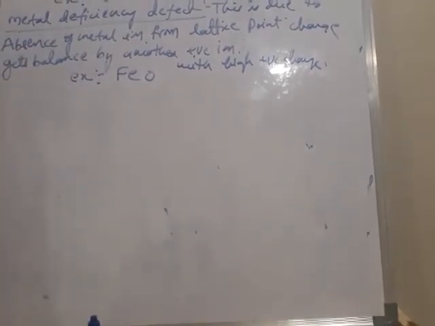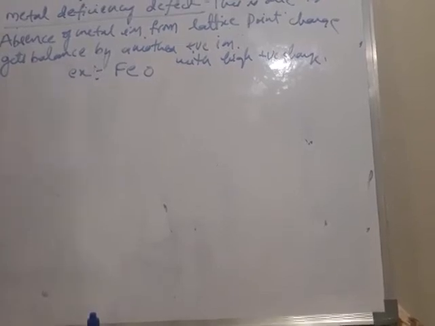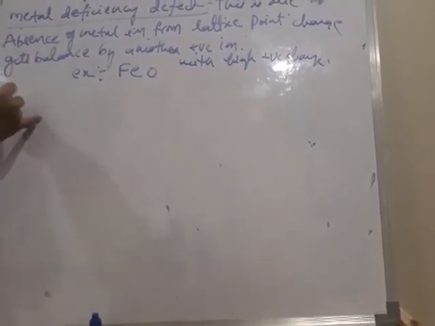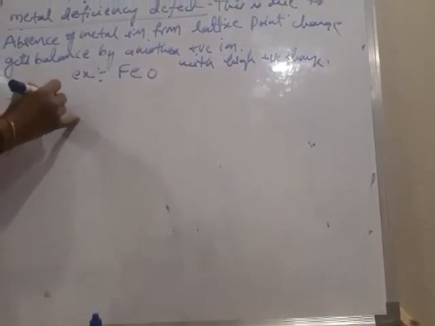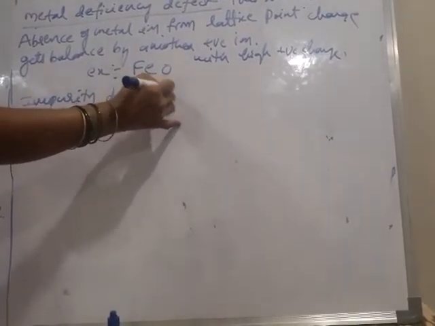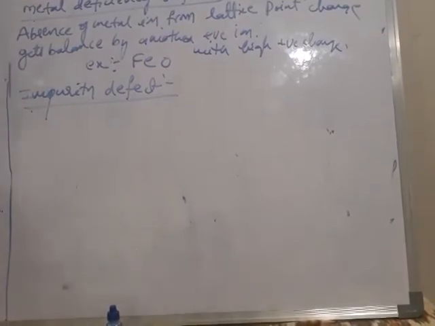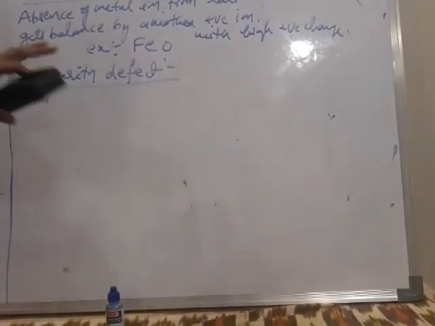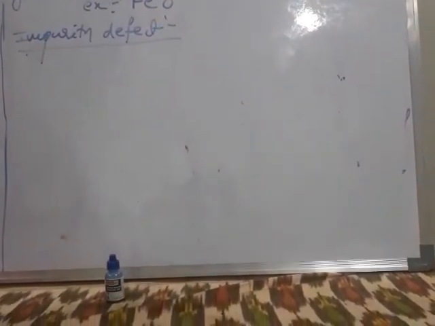Next, the last one, impurity defect. Impurity defect arises due to the addition of impurity to a pure crystal.